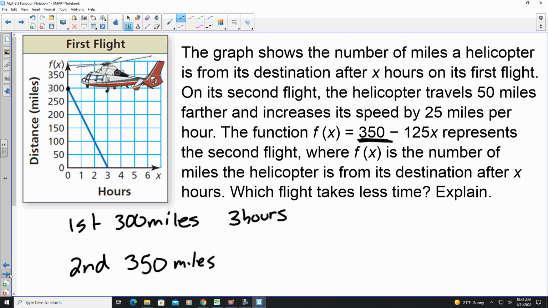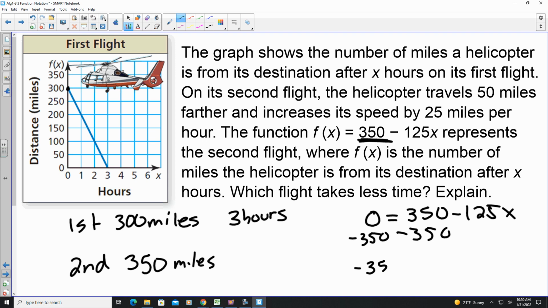Now what we have to do is figure out what x is when the distance for the second flight is at 0. So I got 0 is equal to 350 minus 125x. Let's subtract 350 from both sides. So I got negative 350 is equal to negative 125x.